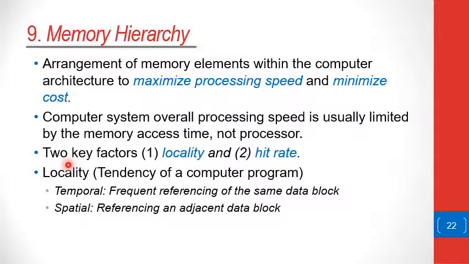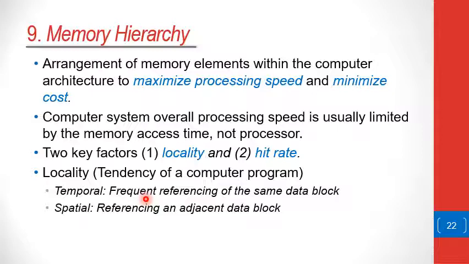When we talk about locality, we are referring to the tendency with which a computer program accesses data from memory. Temporal locality refers to the frequent referencing of the same data block by a program.